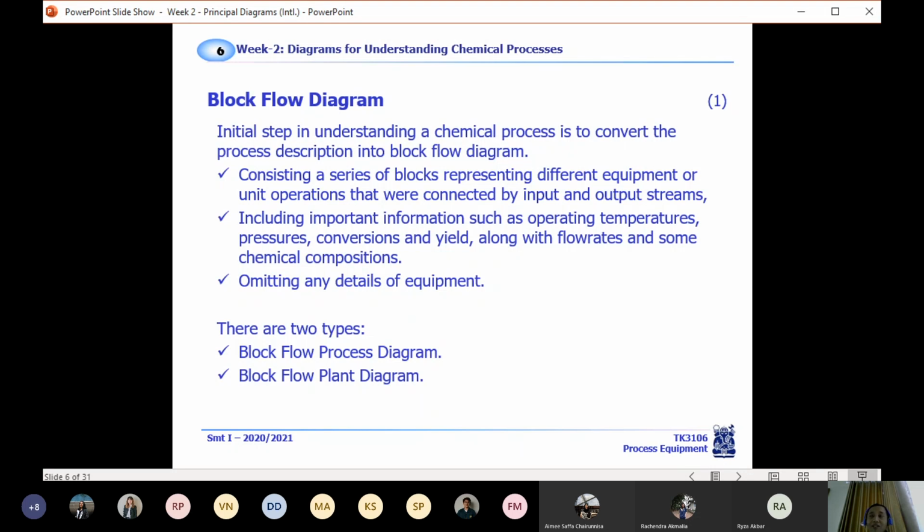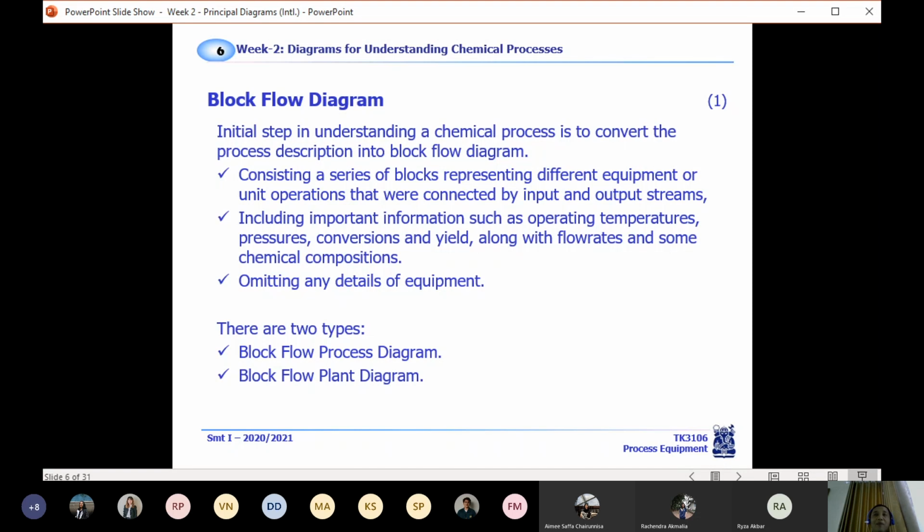We do not jump to the detail of the operation, but we just know from the surface that this chemical process has this kind of area. For example, separation area, and after separation area, the reaction area, and after the reaction area again separation area, and then the product.